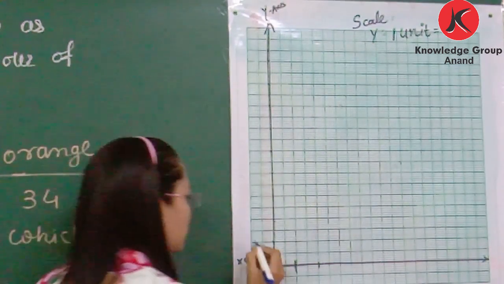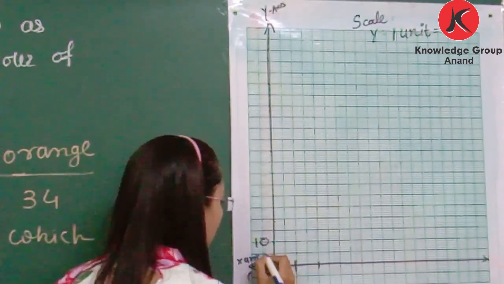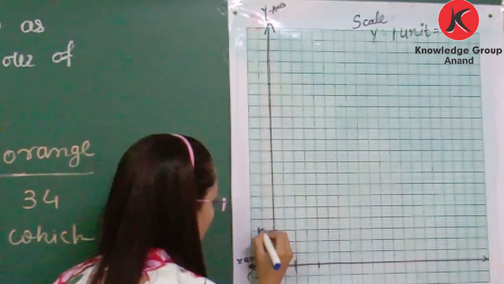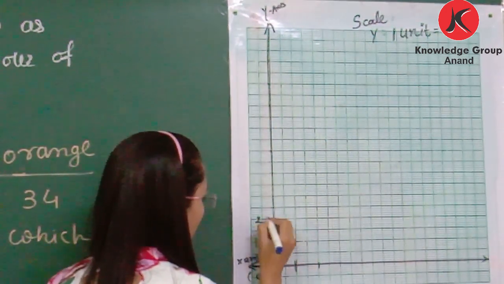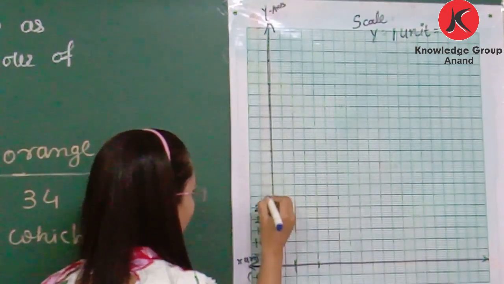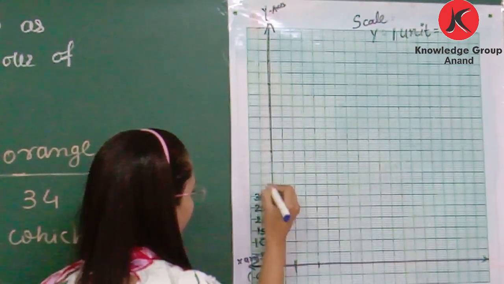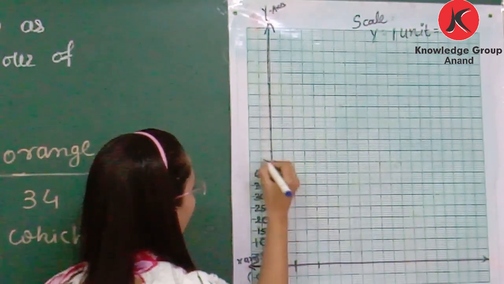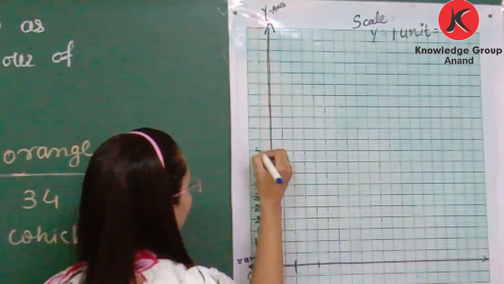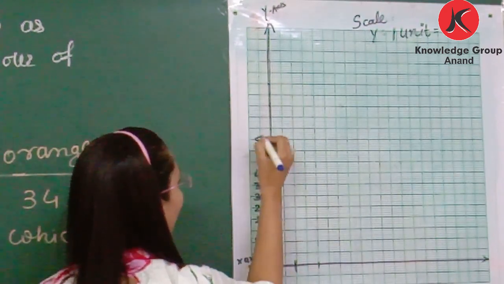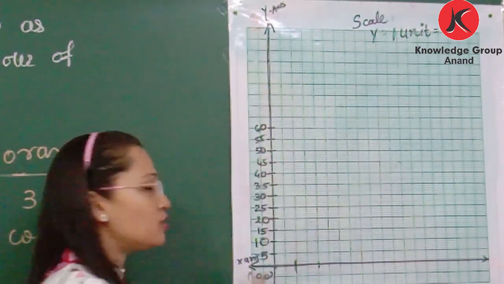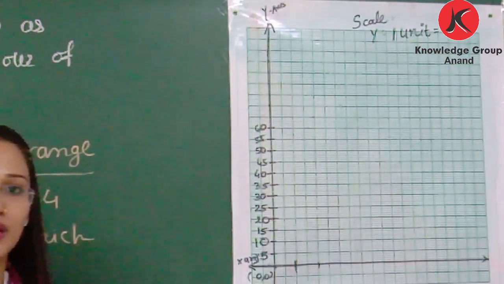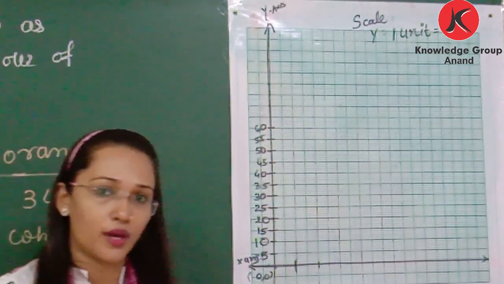So we will select 1 unit is equal to 5: 10, 15, 20, 25, 30, 35, 40, 45, 50, 55, 60. Yes, it is possible to draw a number from 0 to 60 because our maximum value is 55.